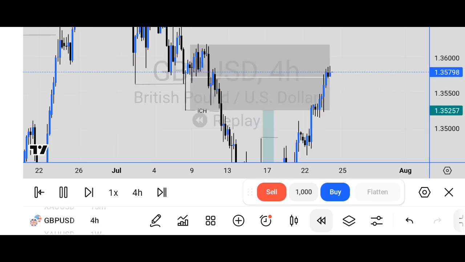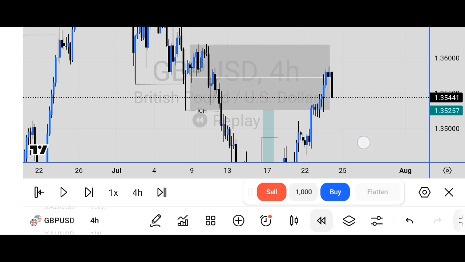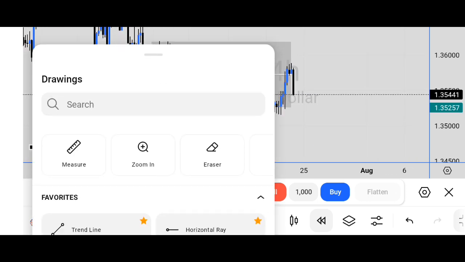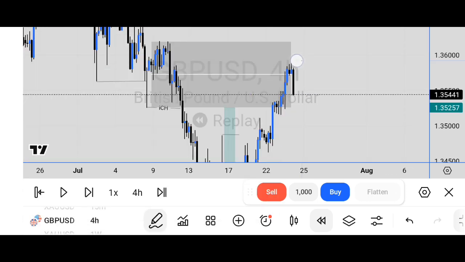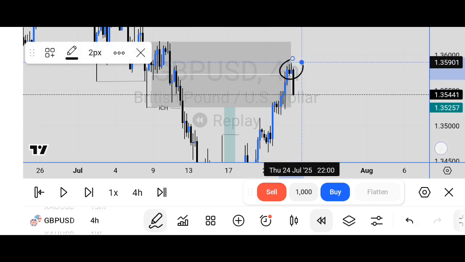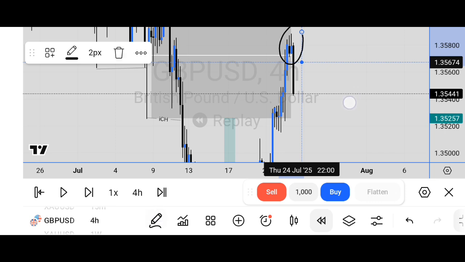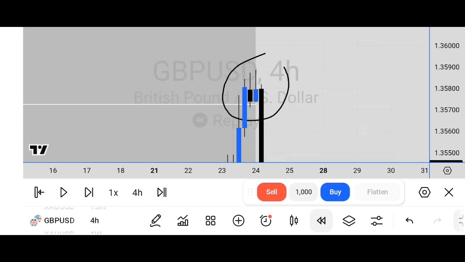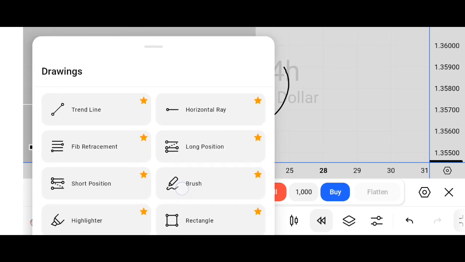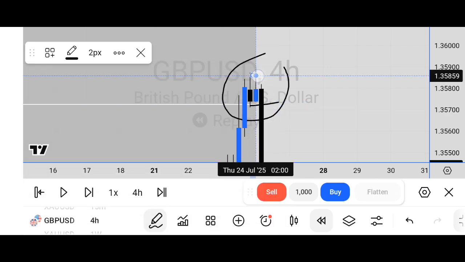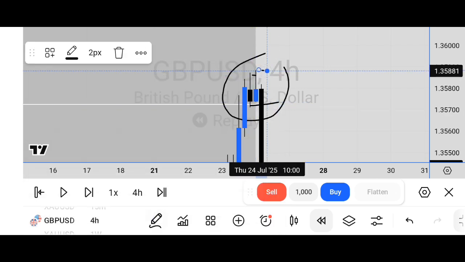After price gave us this very clean bearish engulfing, we had two doji candles signifying indecision right here, as you can see. Then after getting our indecision candle, the price did what?